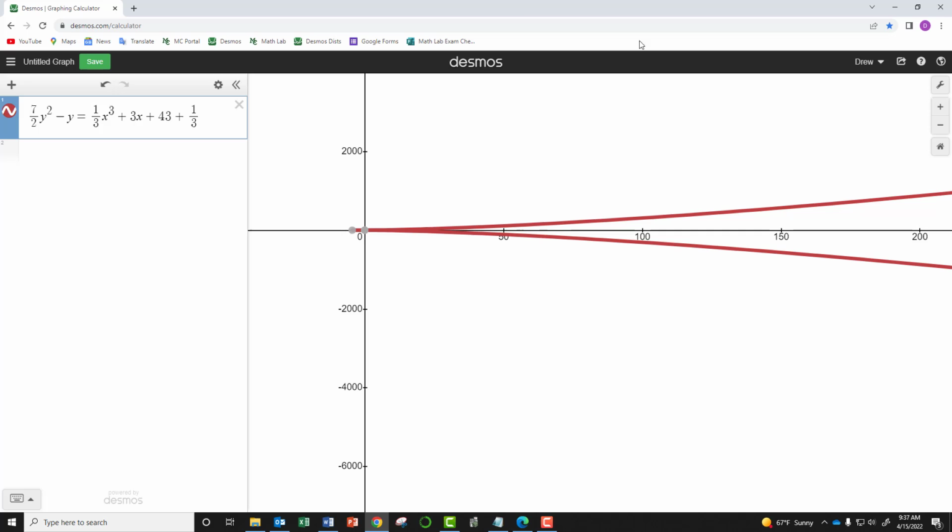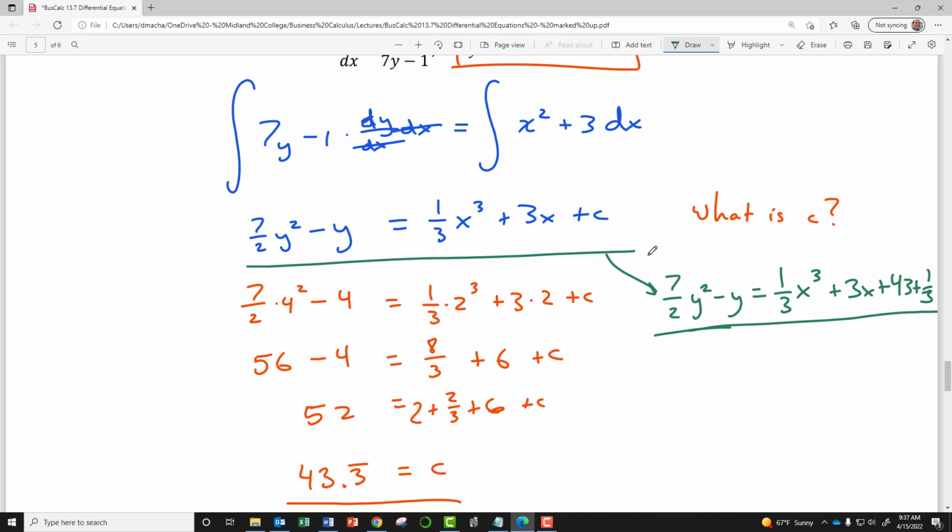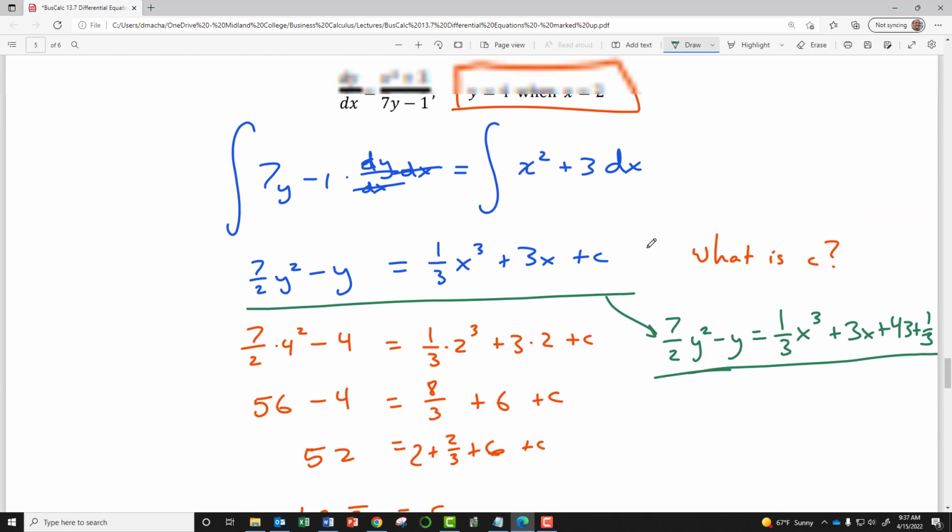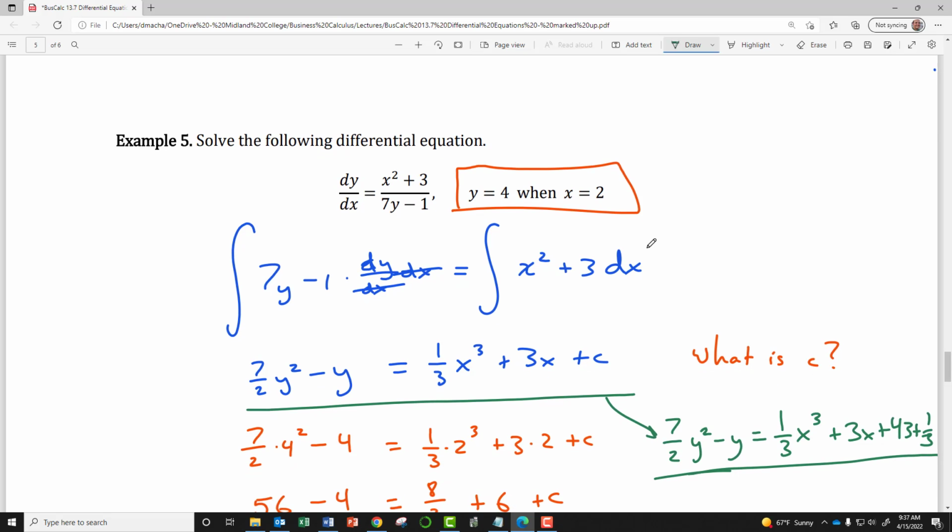I want to illustrate one thing to you, which is that instead of supplying numbers 4 and 2, what if I just tell you that we're going to assign some initial value for y, which I'm going to call y0, and some initial value for x that I'm going to call x0.